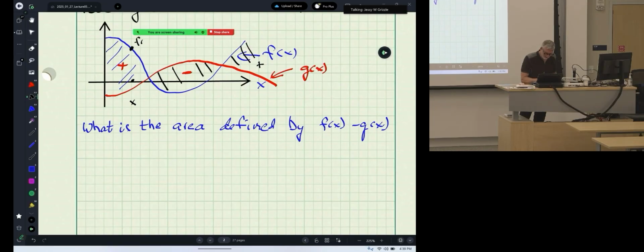We have f of x, and we have g of x. And draw an infinitesimally thin rectangle that has width dx.